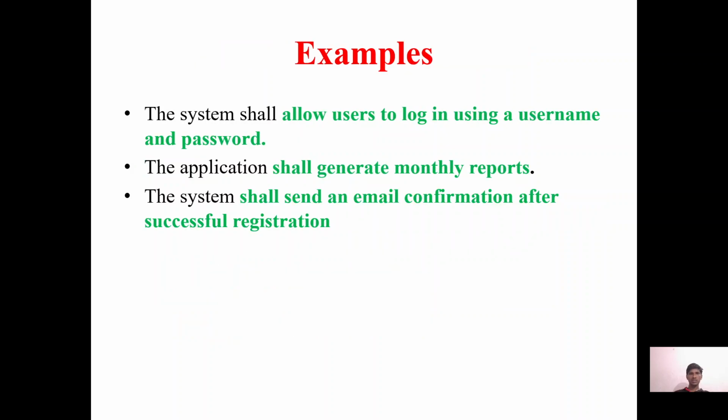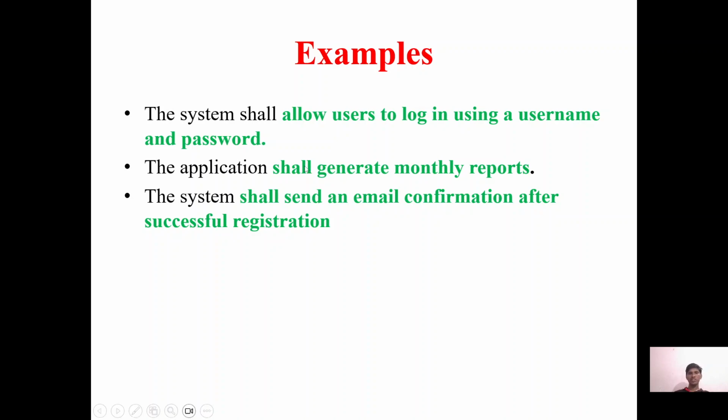Next, let us see examples of functional requirements. The system shall allow the user to log in using a username and password. Here the login page or the application allows the user to get into the page by taking the username and password. It is a functionality where it authenticates the user.